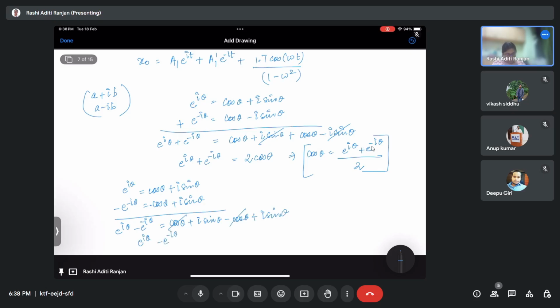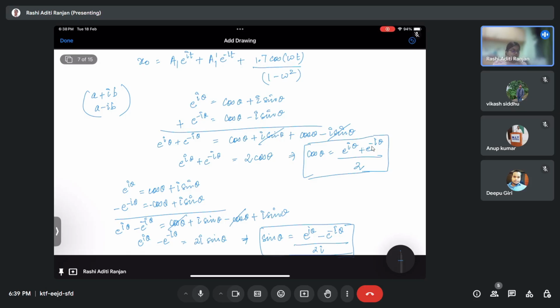So these are the two equations that can be used in order to convert any sinusoidal or cos function in terms of two complex conjugates.